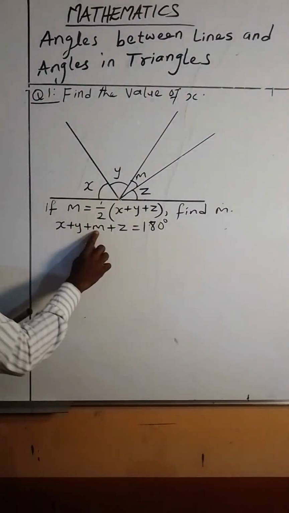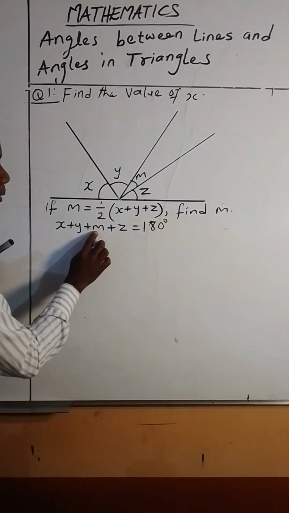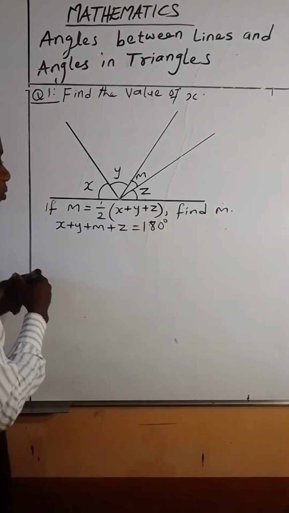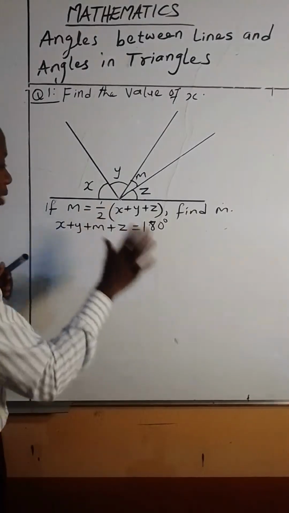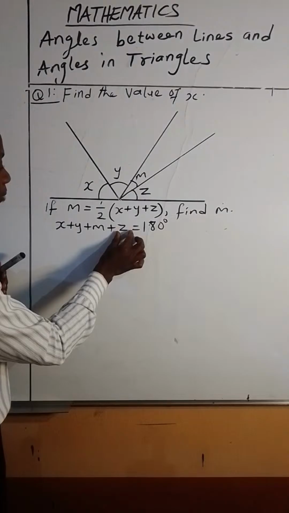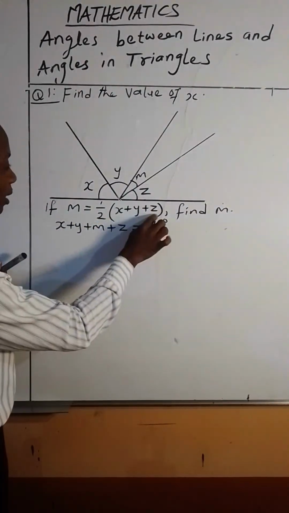But we know that this m is this. So in place of m, substitute for this. All right. So what we are going to do is this. There is another way to do it. You can separate these ones, separate this with this half of x plus y plus z.